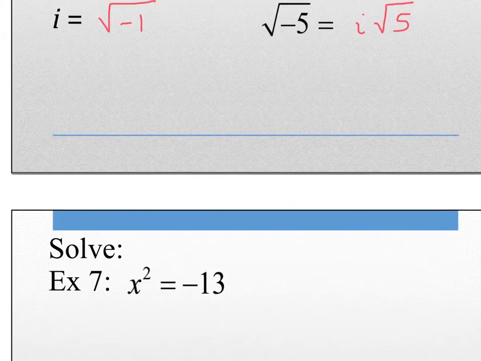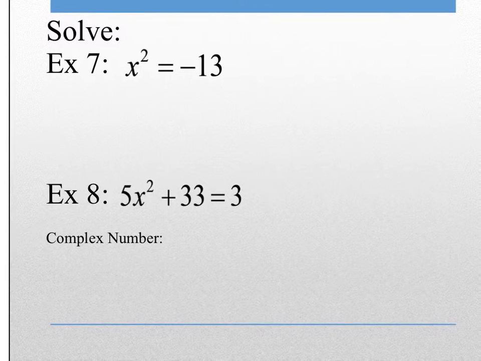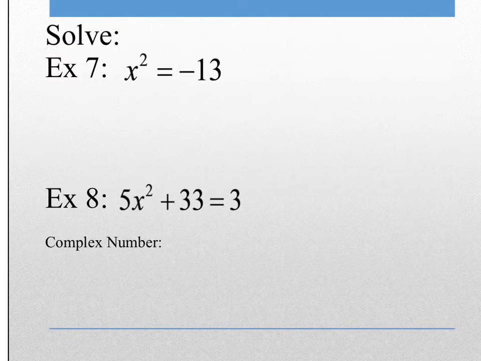Alright, so let's solve a couple problems. When you're solving, you're going to get 2 answers, because, let's just talk a little bit about this. If you had x squared equals 25, there are 2 numbers that give you an x. It'd be plus or minus 5. Same deal with imaginary numbers.